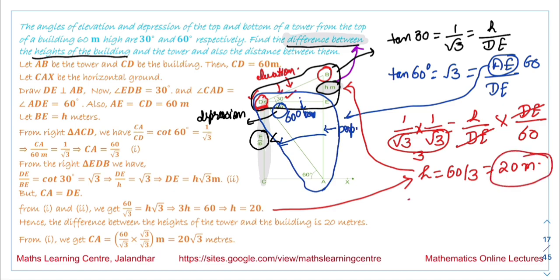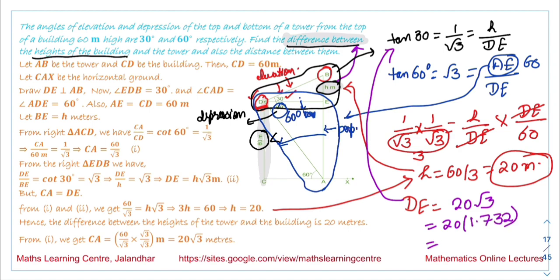Next we have to calculate the distance between them, that is the value of DE. Now if we substitute this value of h in this equation we get DE equal to 20 root 3, that is equal to 20 into 1.732, and that comes out to be 34.64 meters.